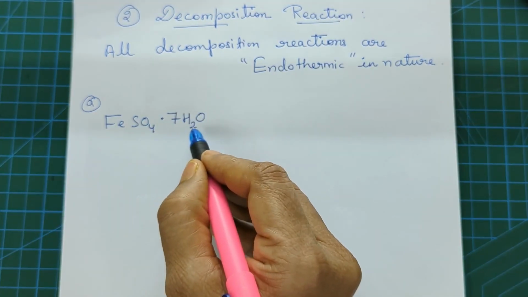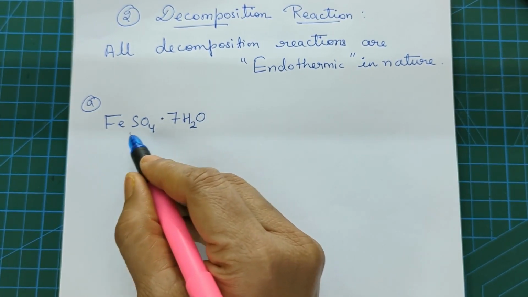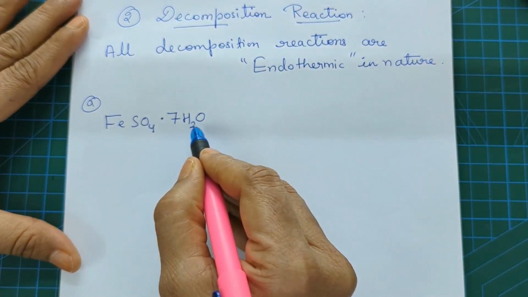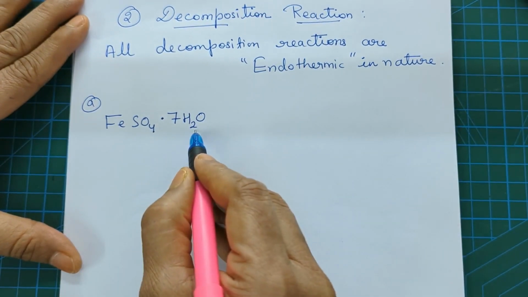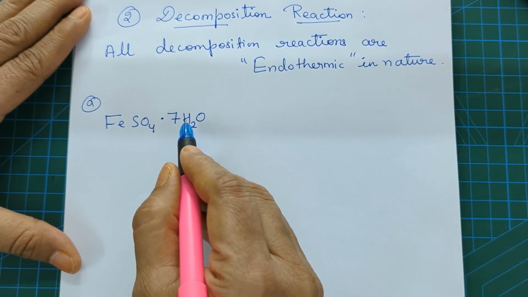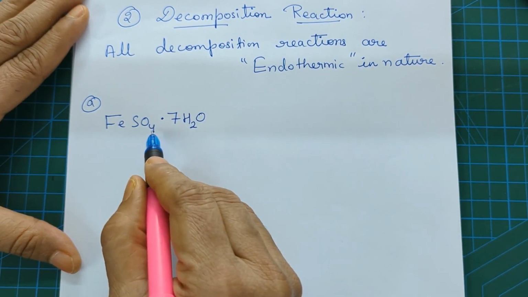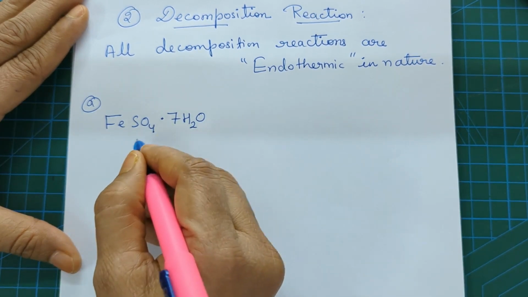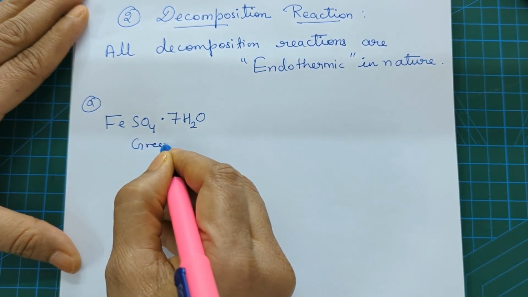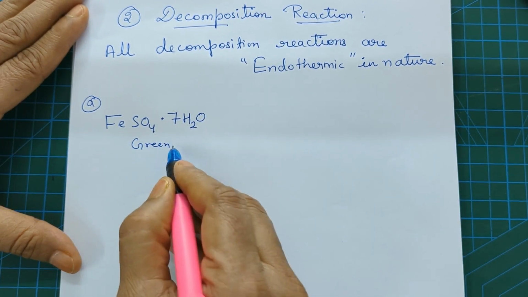Due to this water of crystallization, ferrous sulfate gets a green color. So ferrous sulfate with 7 water molecules is a single compound, and 7H2O is called the water of crystallization, which is responsible for the color of this salt. Otherwise FeSO4 is white in color. Right now, when ferrous sulfate appears in this compound form, it is green in color.